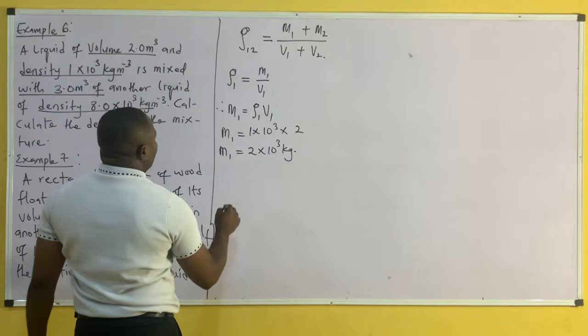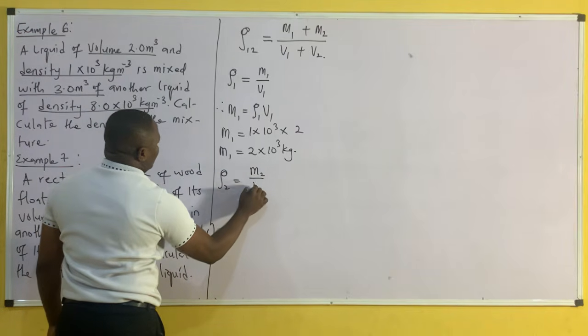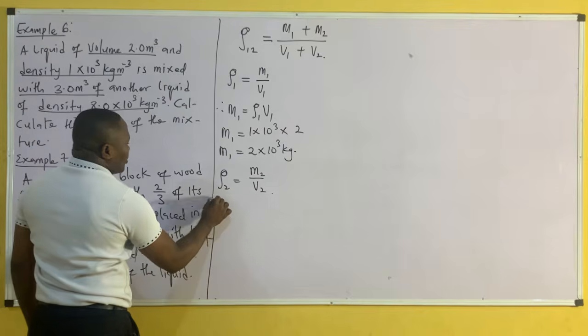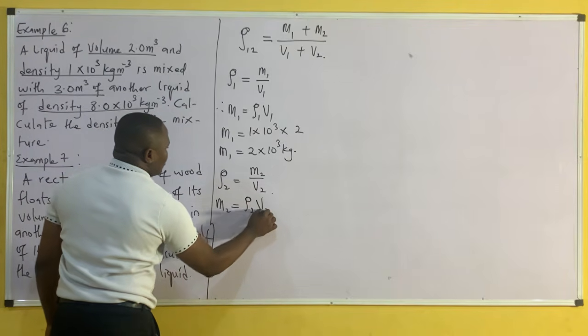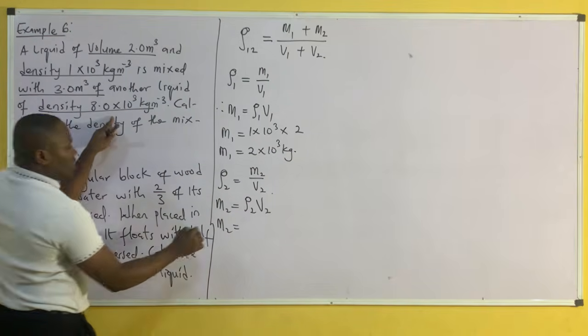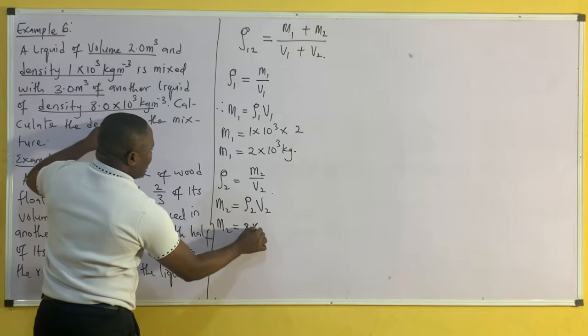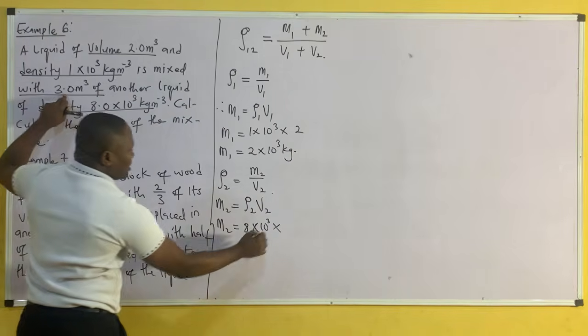What about 2? Density of 2 is equal to mass of 2 over volume of 2. So what is the mass of 2? The mass of 2 is density of 2 times volume of 2. What's the density of 2? It is 8 times 10 raised to 3, times the volume of 2, which is 3.